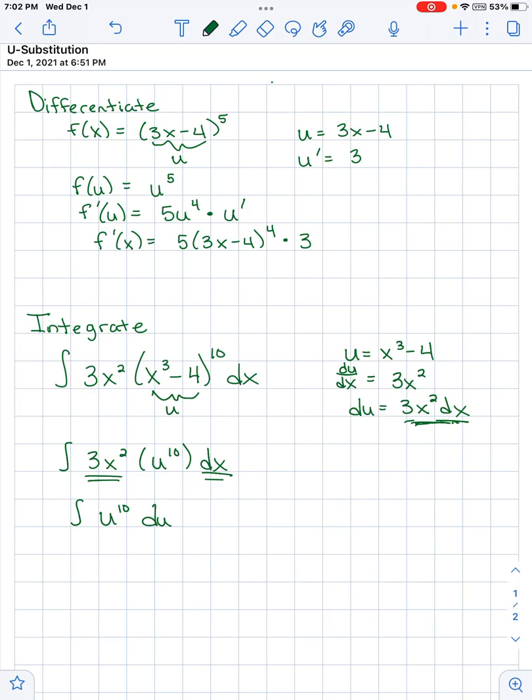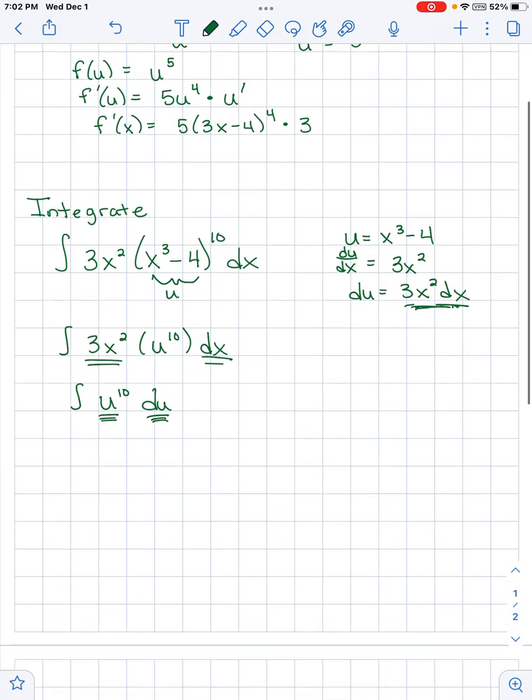So now that problem that looked so complicated up above, because we had x cubed minus 4 to the power of 10 times 3x squared times dx, has all boiled down to this much more simple problem of saying, here was the derivative of the outer function, here is the derivative of the inner function. This is a chain rule problem. So all we need to do now is work backward from this u to the 10th power.